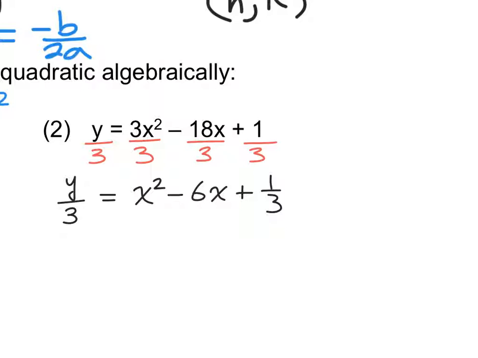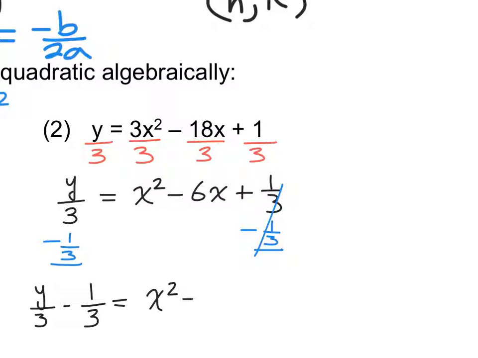All right, I need to vacate the 1/3. I need to get that out of there. So I'm going to subtract it off. That doesn't look as nice, but it's still the same situation. Since they have a common denominator, you can do y minus 1 over 3, right? You could, but it's going to be easier if we leave it like this.